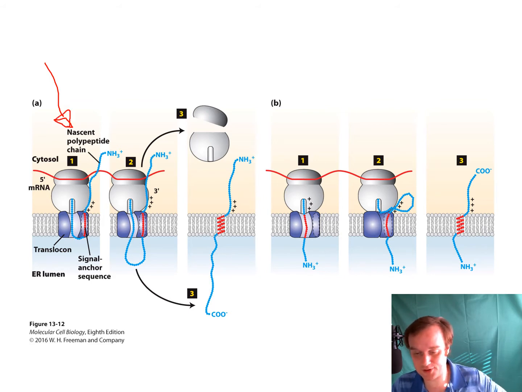So look at our previous steps of how this anchoring occurs with the SRP, etc. It still occurs, but we're cutting to the chase, so to speak. So then the positively charged amino acids on the N-terminal side of the signal anchor sequence orient that peptide chain into the translocon with the N-terminal position in the cytosol.